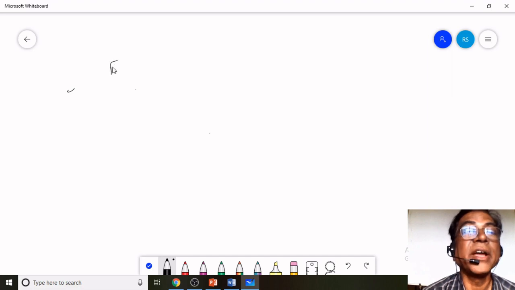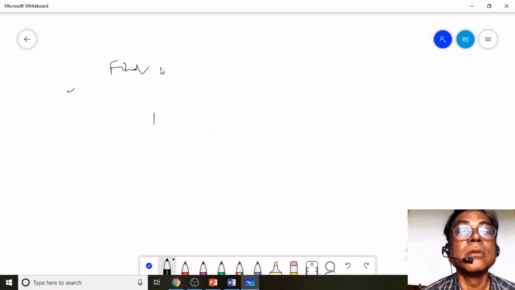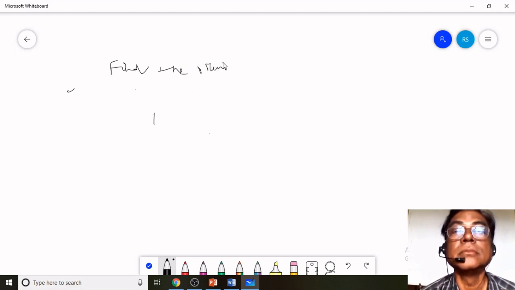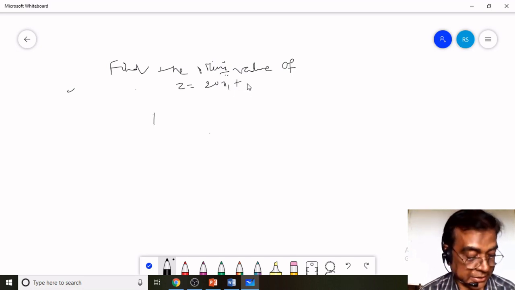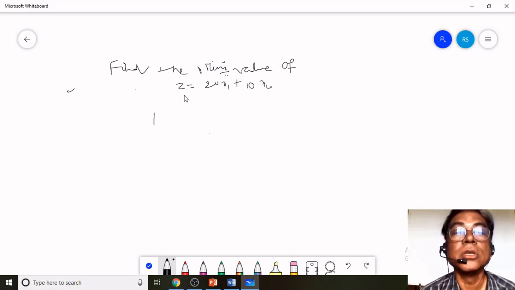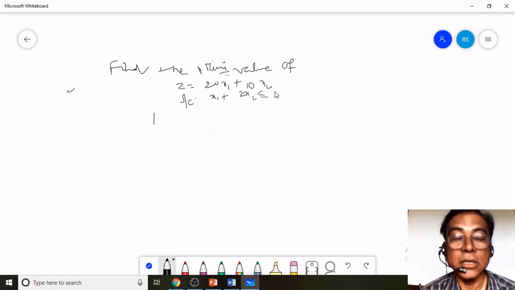The question is: find the minimum value of z is equal to 20x1 plus 10x2 subject to the constraints x1 plus 2x2 less than or equal to 40.